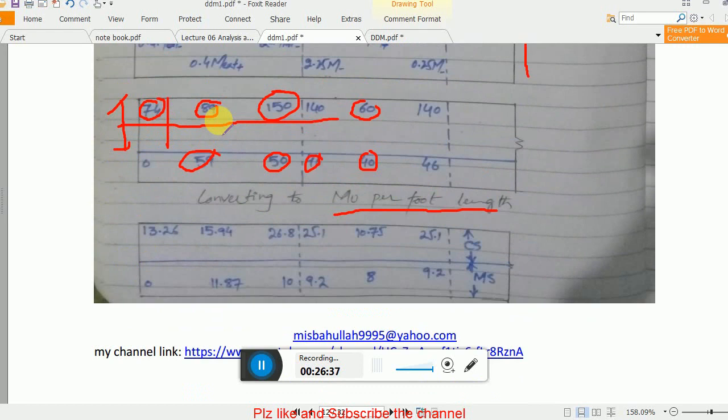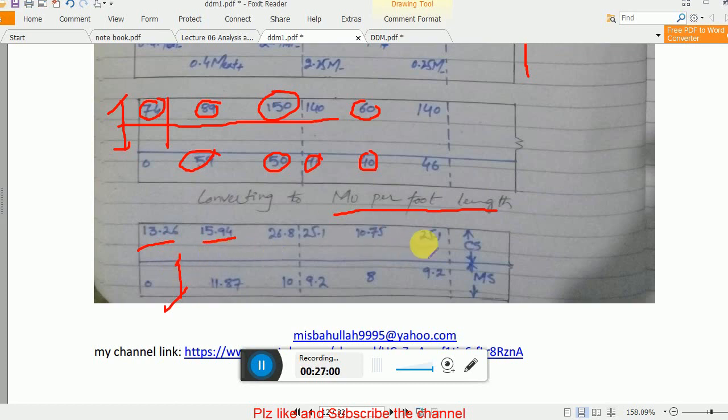Let me check it: 74 divided by 5.58, I got 13.26. And here, 89 divided by 5.58 gives you this one, and 59 divided by 5 gives you 11.8, because the middle strip width is 5 feet.